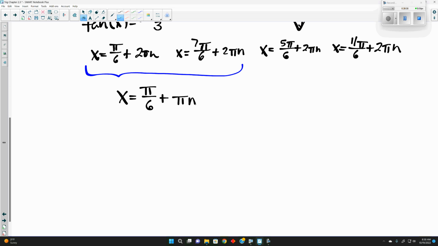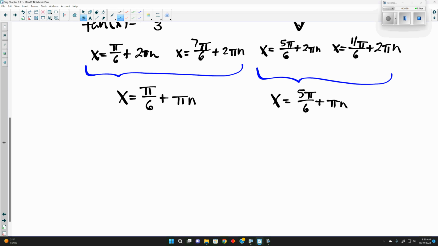Because each time I added pi to pi over 6, I got the 7 pi over 6. And back and forth, because they're switching 180. So I could take those two and make it into 1. Well, and the same thing true for these two here. So we could say this is x is equal to 5 pi over 6 plus pi n.